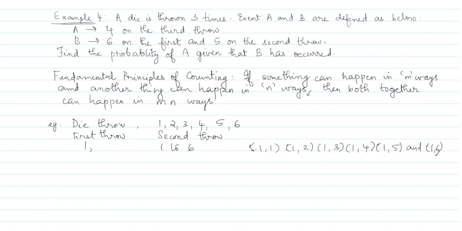This is true with 2 also. When you have a 2 on the first throw, you can have 1 to 6. Again, you will get 6 outcomes. Similarly, if you consider all the 6 possibilities in the first throw and 6 each for the second throw, you will get 36 outcomes, isn't it?